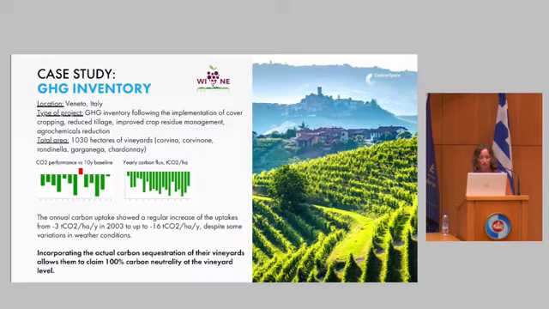The first example is a vineyard located in Italy, in the Veneto area, close to Verona. They implemented a number of new practices, like cover cropping, reduced tillage, and also improved crop residue management with vine leaves shed in autumn and annual vine pruning residues in winter.